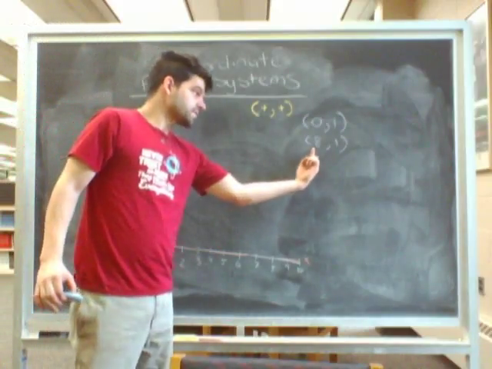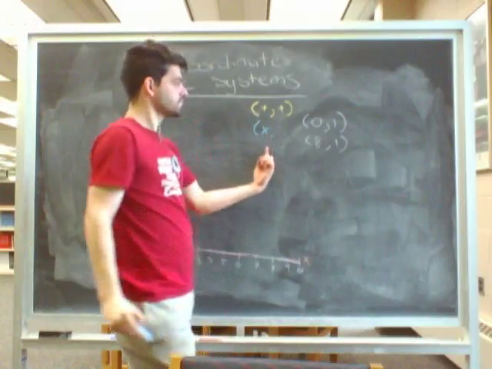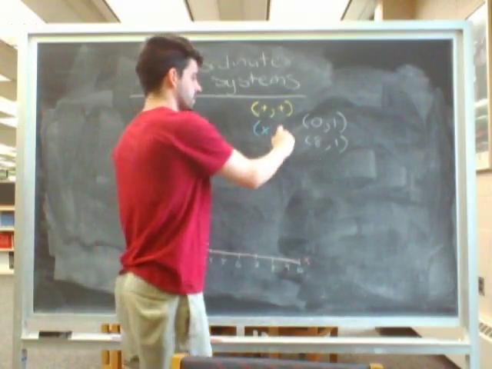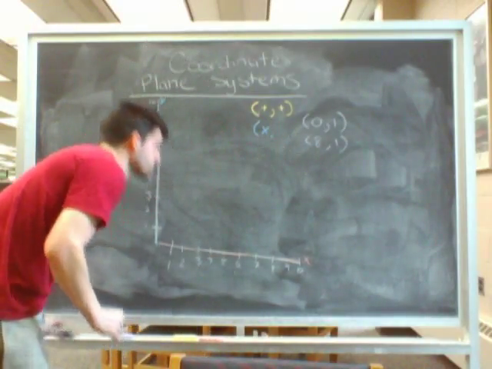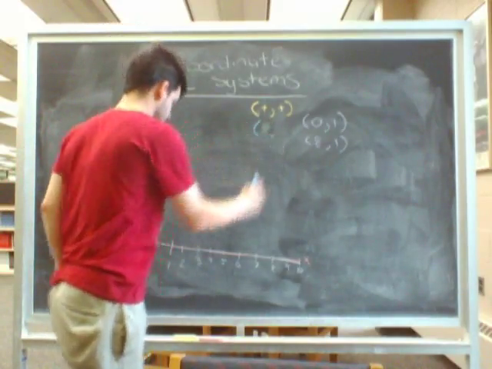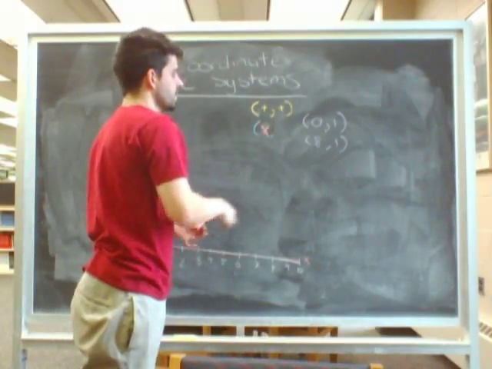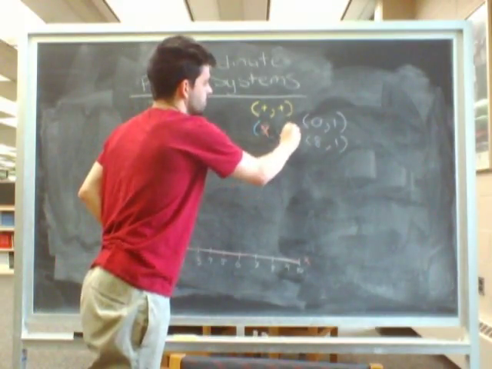But the first value is your x value, and your second value, oops, I'm sorry, that's supposed to be red. And your second value is your y value.